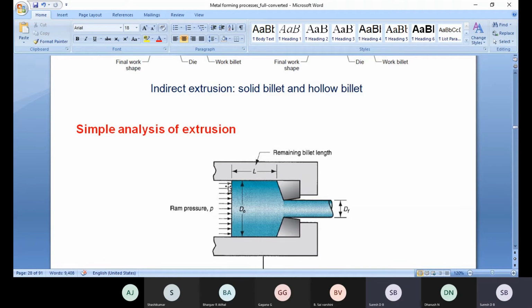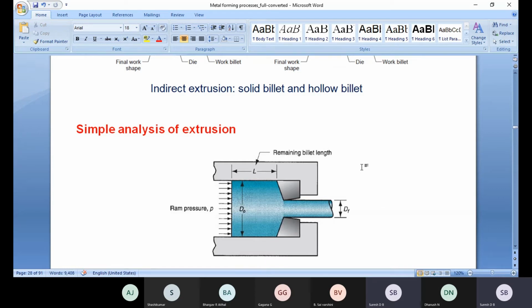Suppose 10 kilonewton force is acting at the top, in the middle also 10 kilonewton, and at the bottom also 10 kilonewton. Then this force is equally distributed throughout the entire billet, so equal stress is produced inside the billet material.